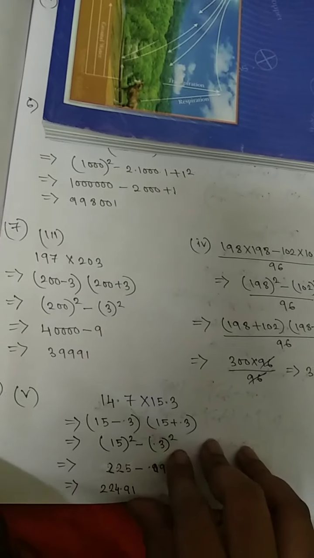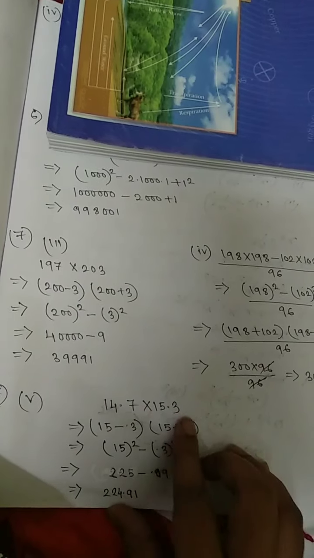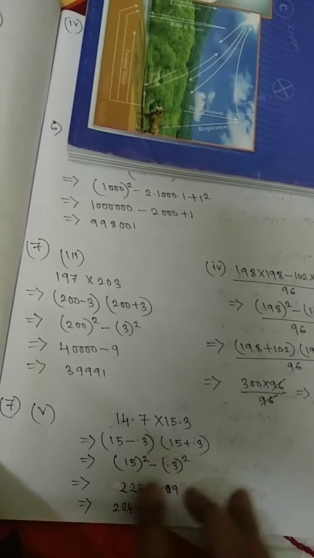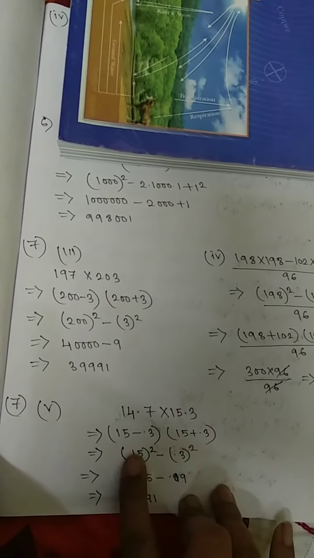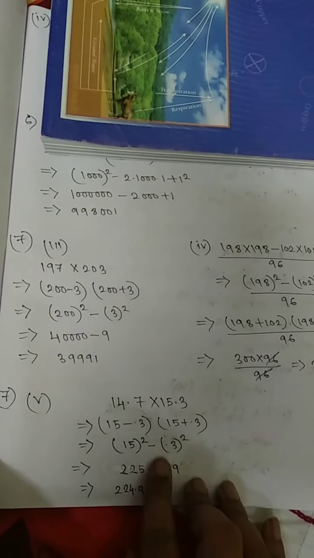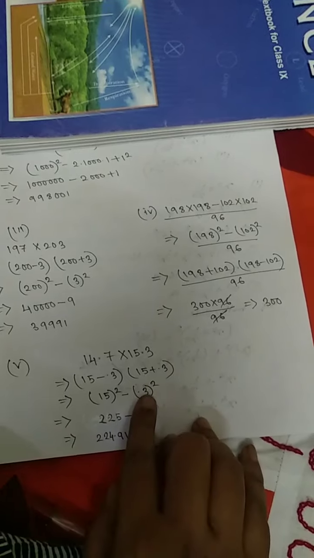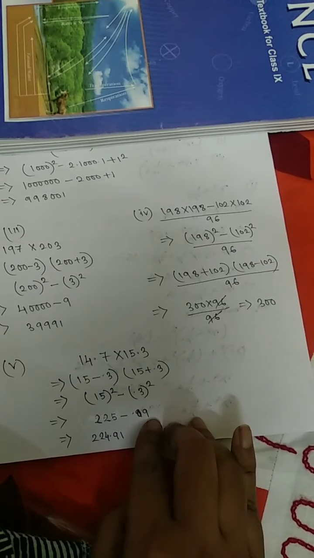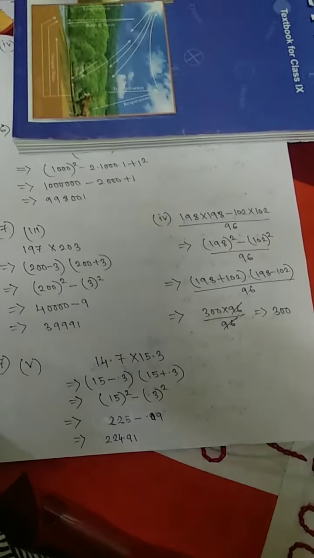So we can write down 14.7 as 15 minus 0.3 and 15.3 as 15 plus 0.3. So here 15 is our A and 0.3 is our B. So the formula is A square minus B square: 15 square minus 0.3 square. Now square of 15 is 225 and square of 0.3 is 0.09. So after doing the subtraction, we will get 224.91.